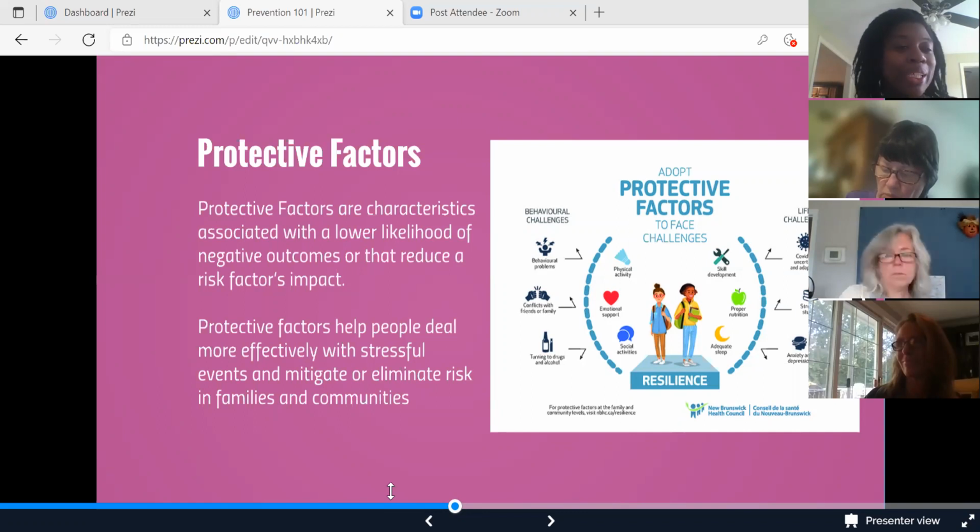Protective factors help to build resilience. Protective factors are characteristics that are associated with lower likelihood of negative outcomes, and they help people to deal more effectively with stressful events, any stress going on in their life. It also helps to mitigate any signs of conflict within their communities or families, or if they're having internal problems. It builds resilience within them.